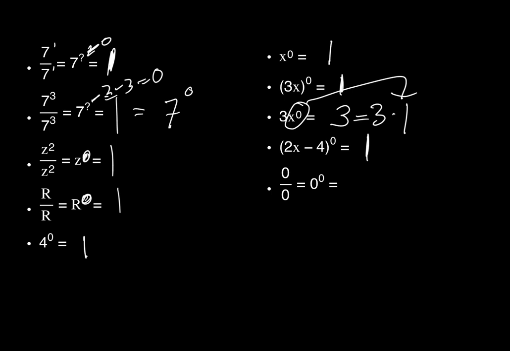Because if I do something like this, if you do 6 divided by 0 on your calculator, it depends on the type of calculator you have, it's going to either tell you error, maybe it'll say syntax error, maybe it'll say undefined.